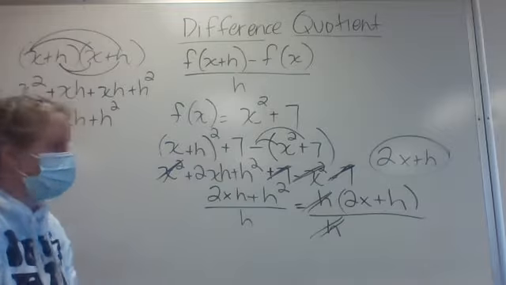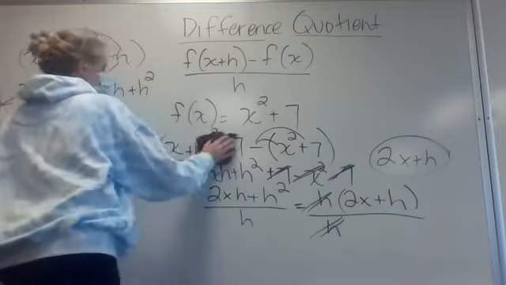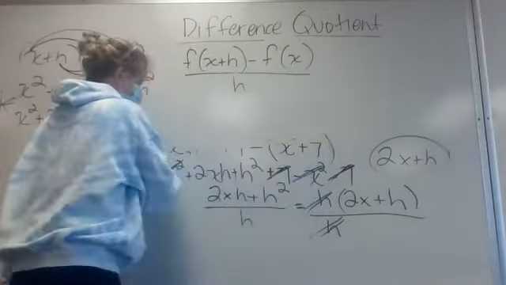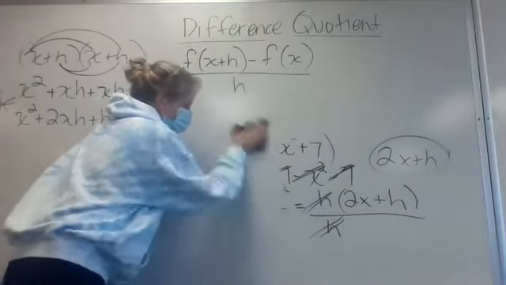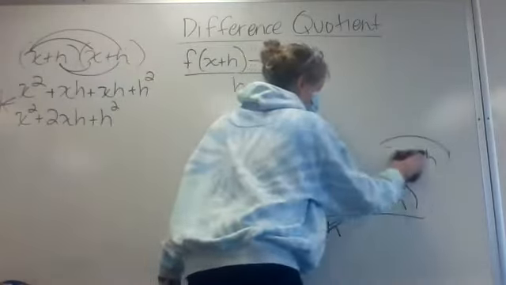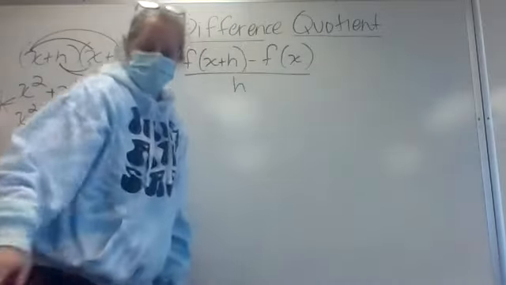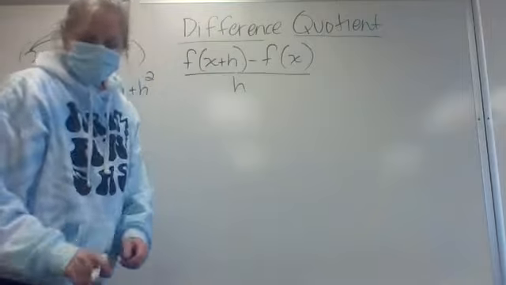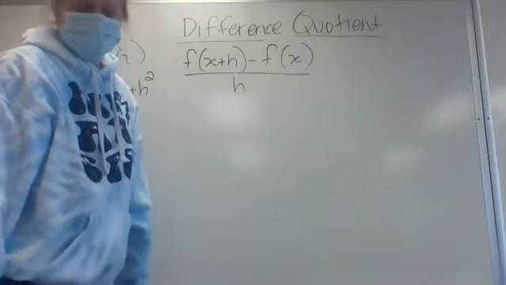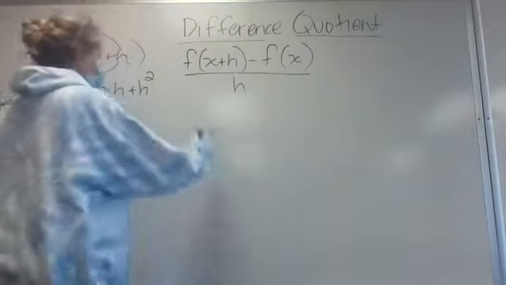All right, that was 3. So number 4. F of x is 10x squared plus 2x plus 4.